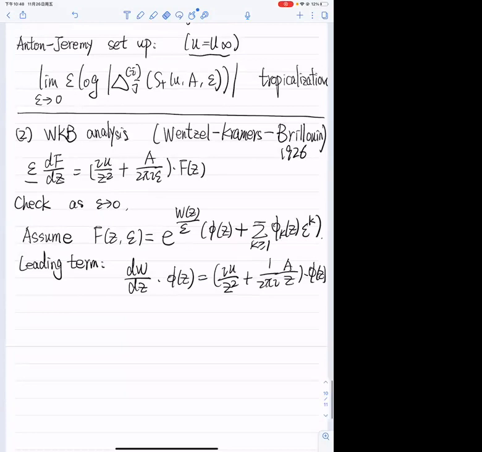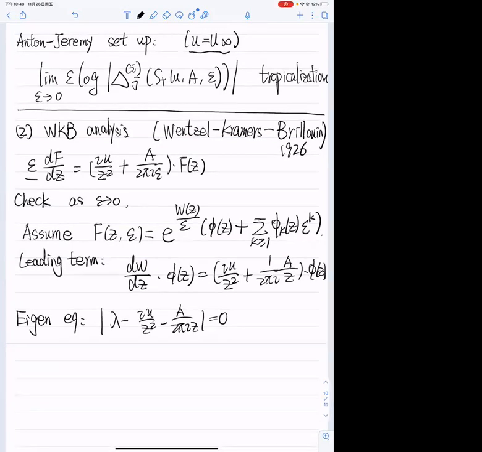So if we rewrite, this is simply the eigenvalue equation, pi(u, z). This is a curve on the lambda-z plane.